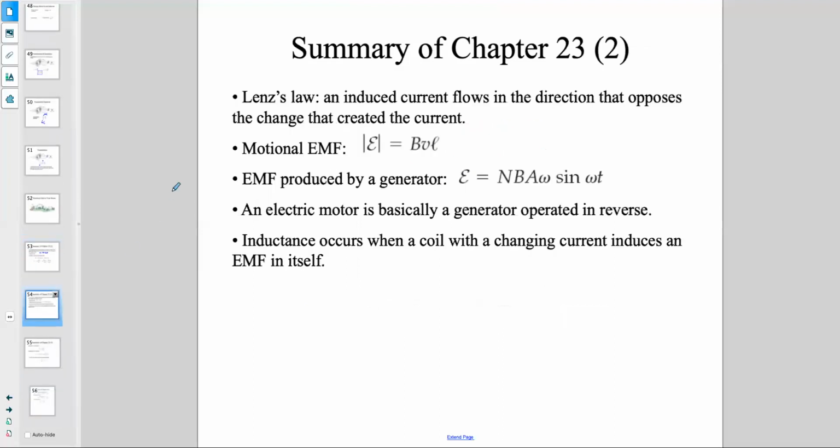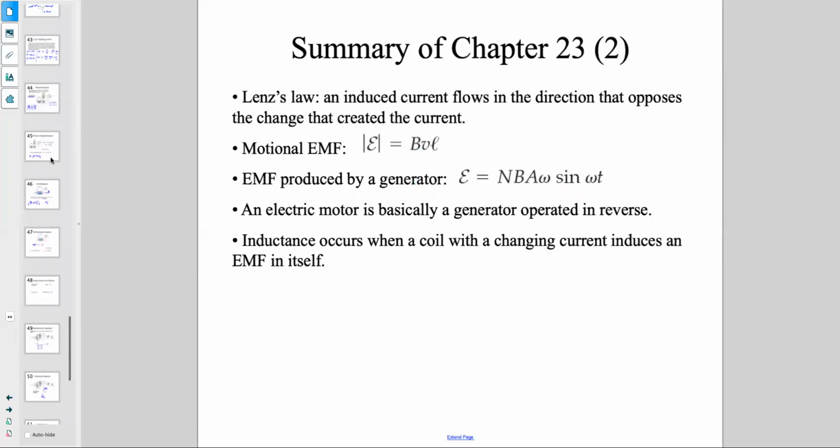Now, this induced EMF, if you have a rod moving in the B field, then the induced EMF is BvL. B is the external magnetic field, v is the velocity of the rod, and L is the length of the rod. Okay. And the EMF produced by a generator is NBAω sin(ωt). I have shown you here what it means and how to derive it.